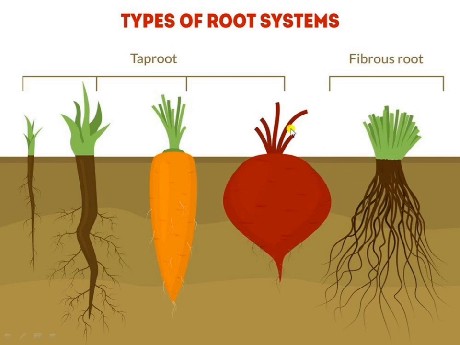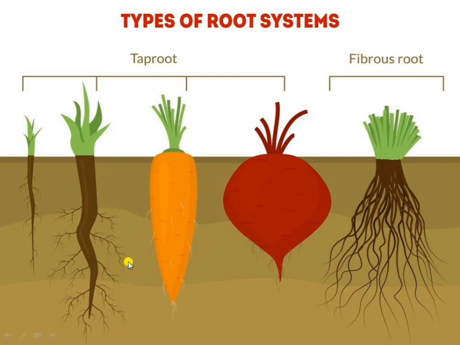In both types of roots there are clusters of very fine hair-like structures called root hairs. They help water and nutrients to be easily absorbed. That's why they have root hairs, to easily absorb the water and minerals. Firstly, in the taproot they have a thick main root growing downward from the base of the stem of the plant.